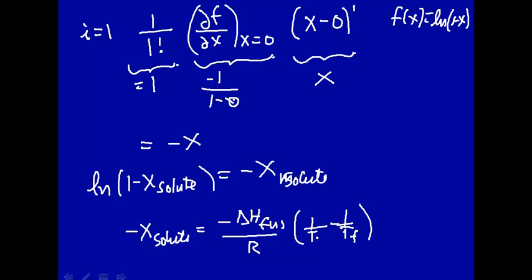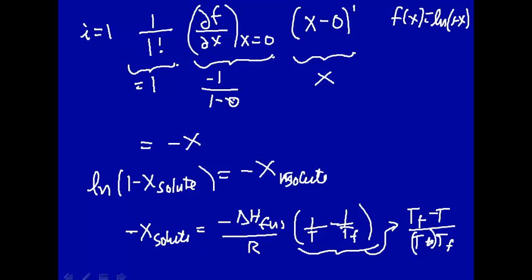T will be the freezing point of the mixture. All right, so what are we going to do now? Let's cross multiply. So if we cross multiply, this term will be the freezing point of the pure stuff minus the freezing point measured, over T minus T times T_F.